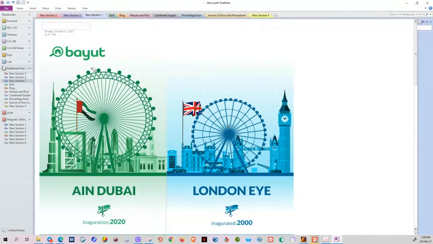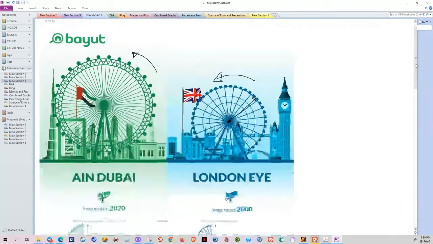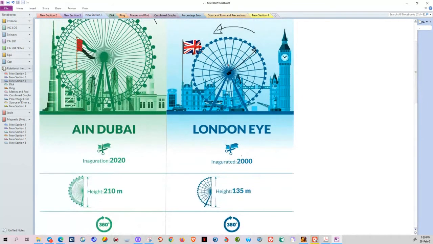Number one, the main difference is the radius of the Ferris wheel. Well, the similarity is that both of them will rotate in either direction. But the main difference is that, from the center of rotation, one Ferris wheel has a diameter of 135 meters, divided by 2 to get the radius.